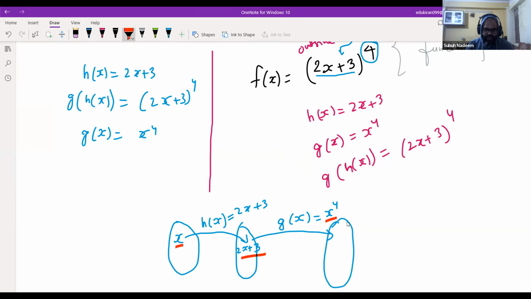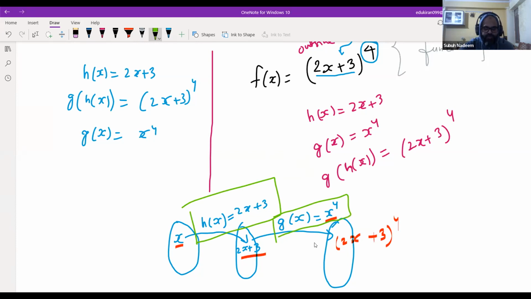So in place of x, we take 2x plus 3, and the output will be 2x plus 3 to the power 4. First h(x) acts, giving 2x plus 3, then g(x) acts, giving 2x plus 3 to the power 4.